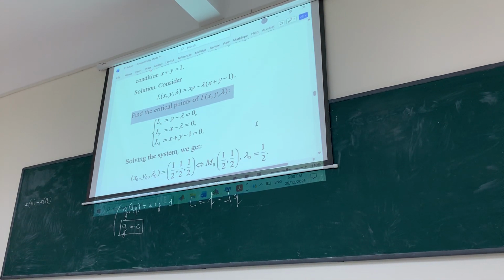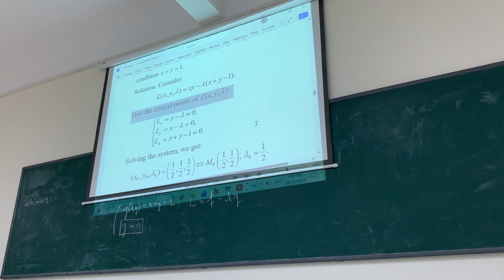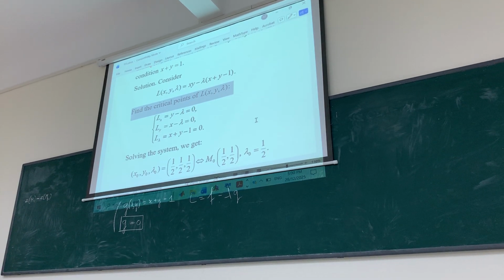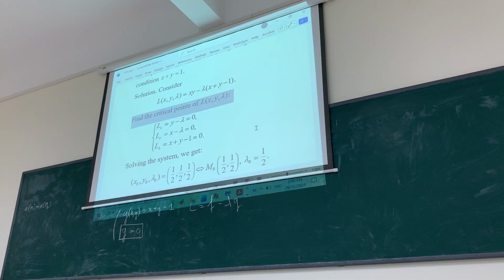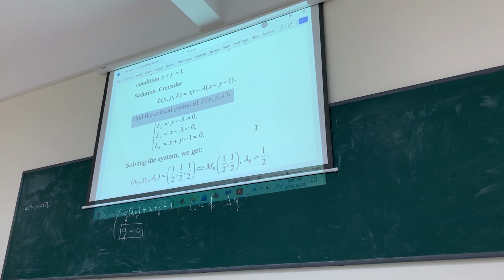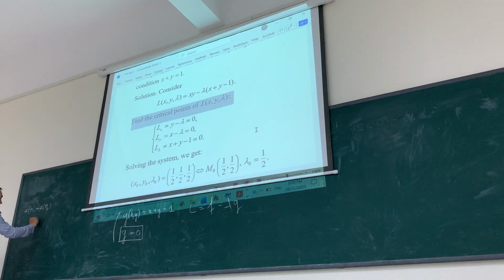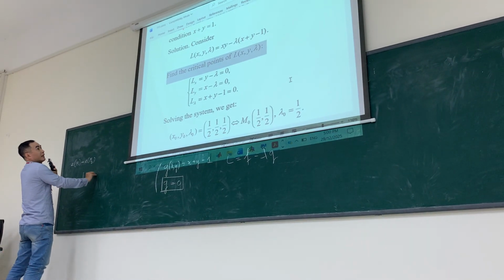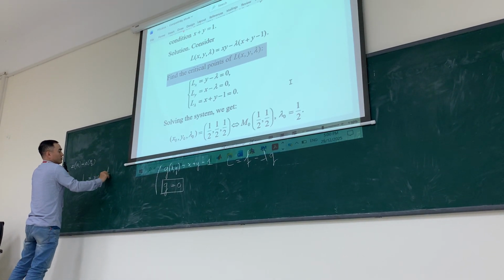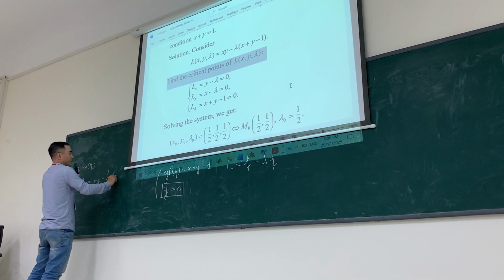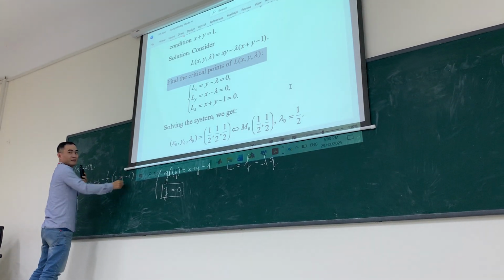Now, how do we evaluate this when we fix lambda 0? When we fix lambda 0, the function L becomes xy minus 1/2 times (x plus y minus 1).